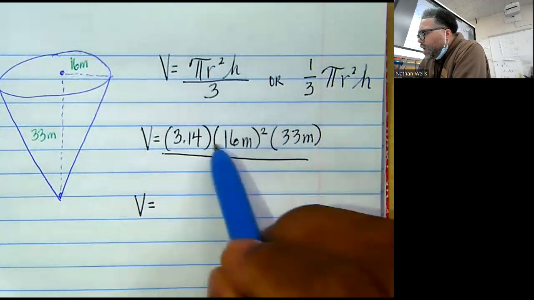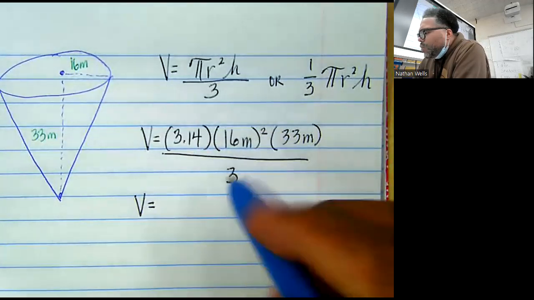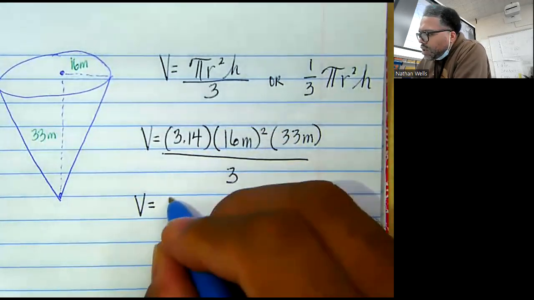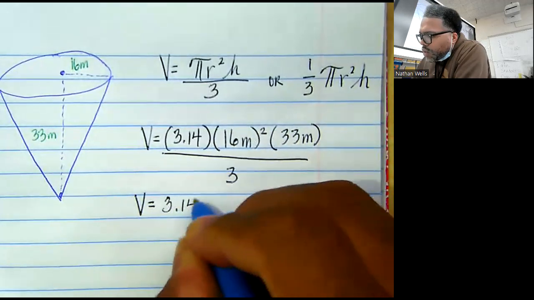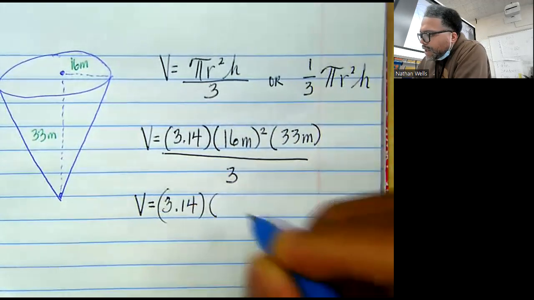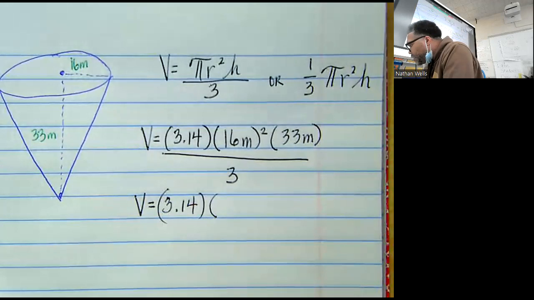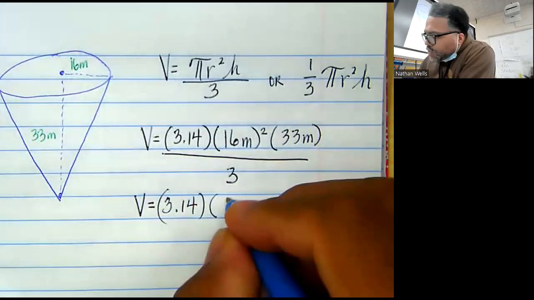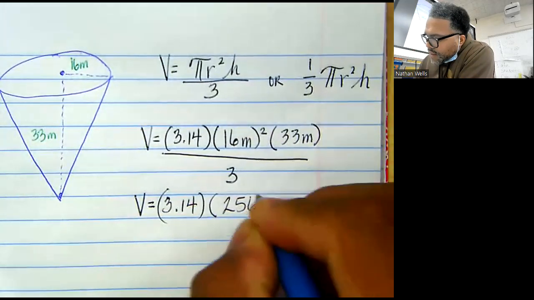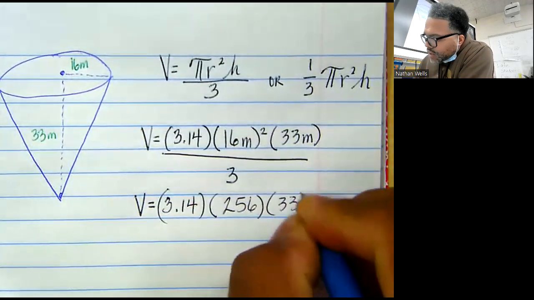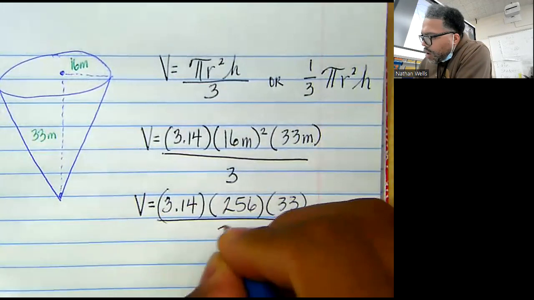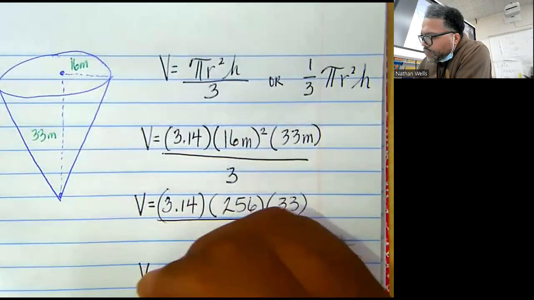So here, the first thing we're going to do is get rid of the exponents. So 3.14, 16 squared is 256, times 33 all over 3.